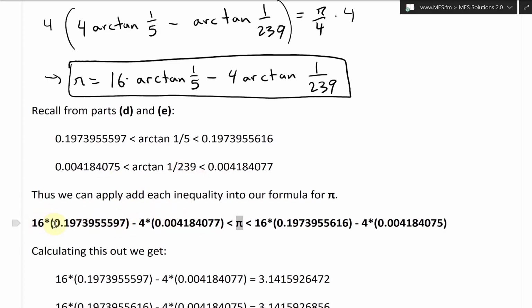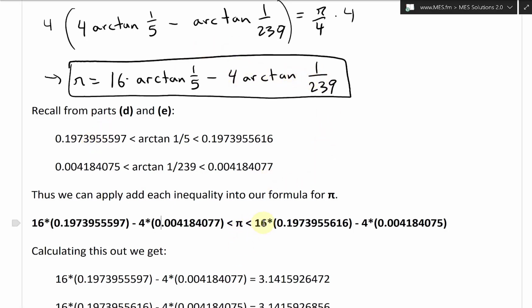So 16 times the smaller one of arctan 1 over 5, that is this right here. Notice the 97 there. Then minus 4, now we need to pick the bigger number because we're subtracting. So this one goes into here, this one goes into here, matching up with arctan 1 over 239.